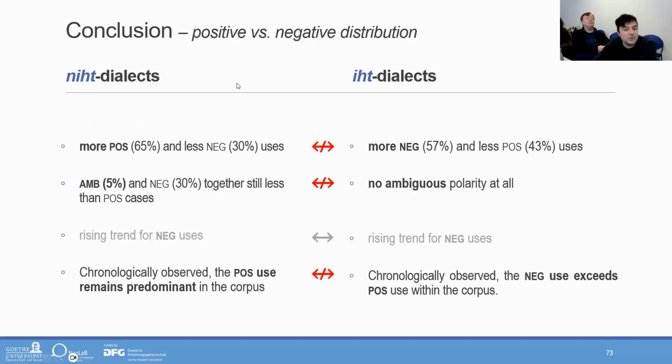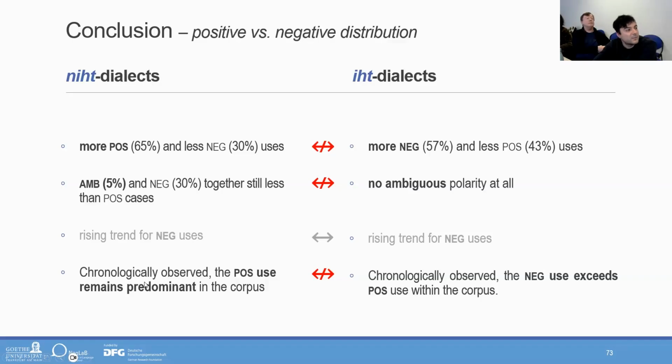With respect to their semantics, niht dialects have shown more positive uses, 65, and less negative uses, whereas in Ich dialects we had more negative uses and less positive ones. Again, we had some ambiguous cases within the niht dialects, but there were no ambiguous cases at all within the Ich dialects.